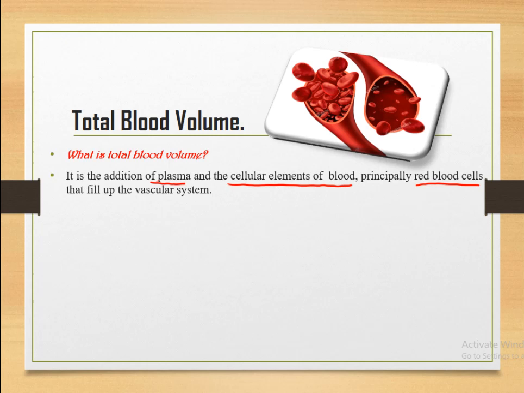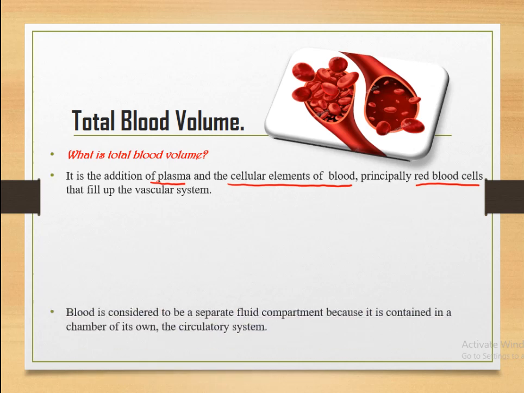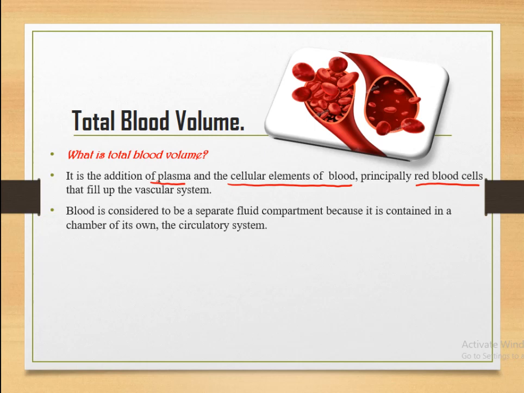Now, when we talk of blood, blood is considered as a separate fluid compartment. When you relate this class to the previous class, you are going to find that in the previous class we had to discuss the plasma, the interstitial fluid, and also the intracellular fluid.